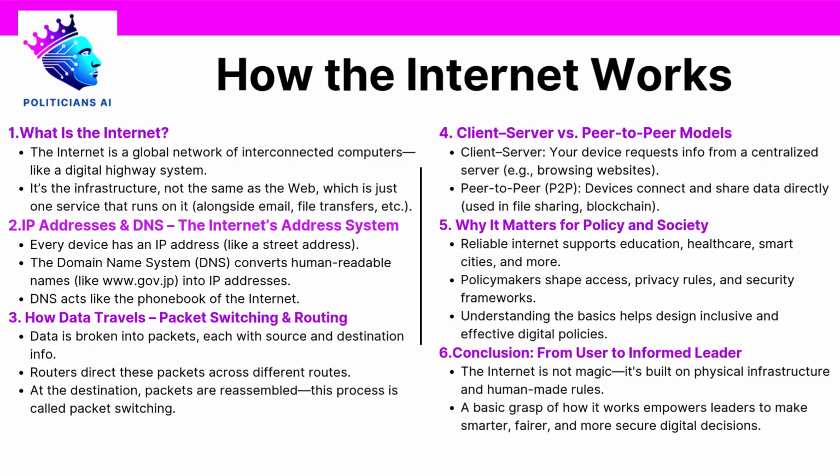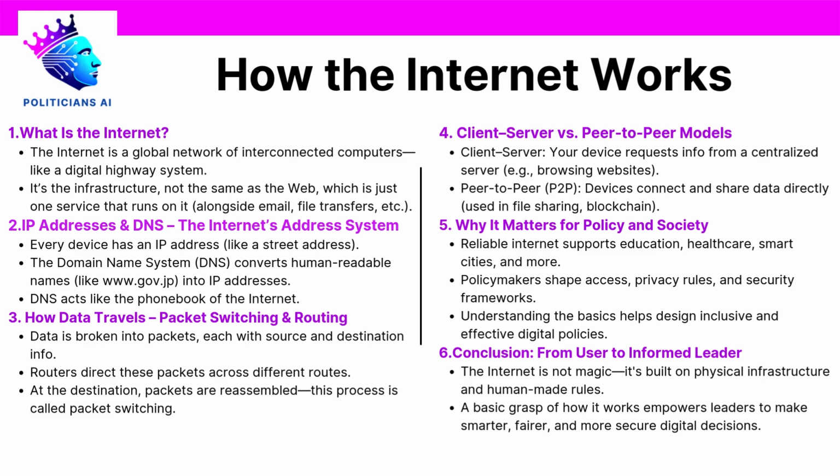These packets travel through the network independently, often taking different routes. When they arrive at their destination, they're reassembled into the original message. This is similar to putting together pieces of a puzzle. This process is called packet switching, and it makes the Internet fast, flexible, and reliable, even if some routes are busy or temporarily down.